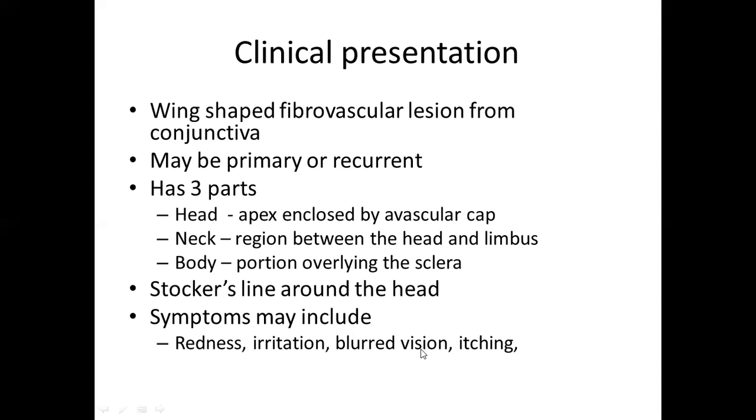So irritation too, because it's not flat, because it's not really a part of the structure of the eye. You may have irritation and foreign body sensation, especially when you blink. It's just a raised growth there, and when you blink, you may feel it more, like a foreign body sensation, irritation.